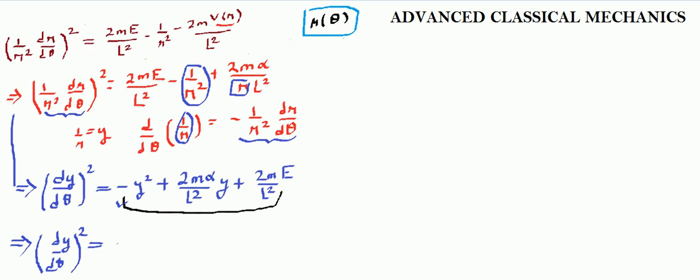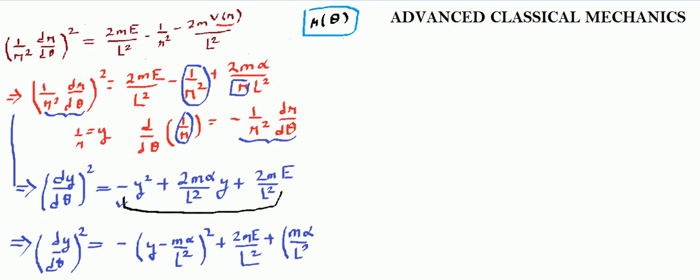You'll get a minus of bracket y minus m alpha divided by L square, whole square, plus 2mE divided by L square, and the last term will be a plus (m alpha divided by L square) whole square.